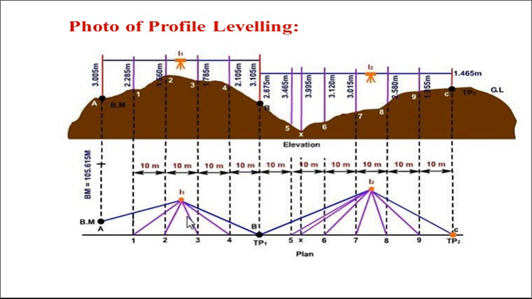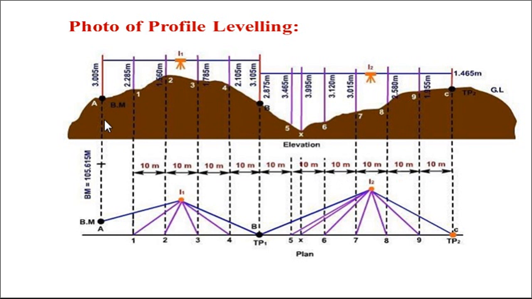After this we have shifted the instrument to the second position and again from the second position we have taken the reading on the change point. Then point number 5, point number 6, point number 7 and the same work is continued up to the last point, depending upon the length of that particular project.